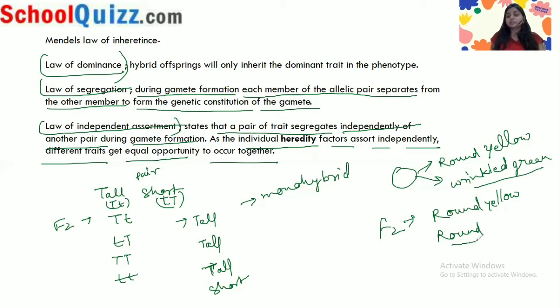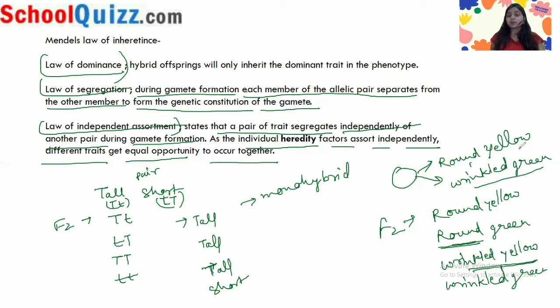We have taken round and yellow with wrinkled and green, but in the F2 generation, what have we found? We have found round and green, and wrinkled and yellow, and wrinkled and green. So you can see here the hereditary factors coming together independently and forming new characters like wrinkled and yellow.